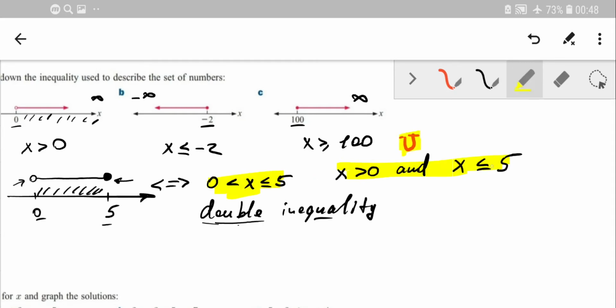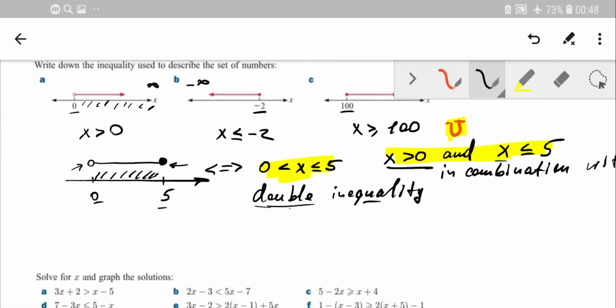And the union sign basically tells you "and" or "in combination with". So x more than 0, strictly more, in combination with x less or equal than 5. That's how you can interpret that.